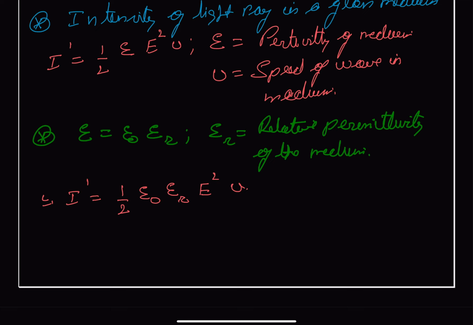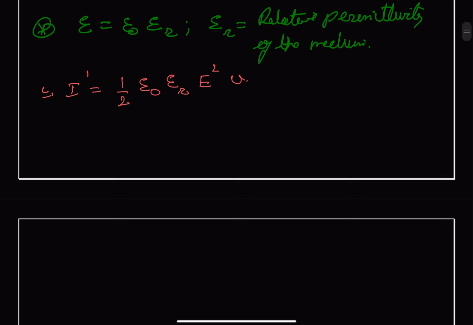And we are given that 4% of the light is reflected, so it means the rest of the light is absorbed or is passed through the slab.